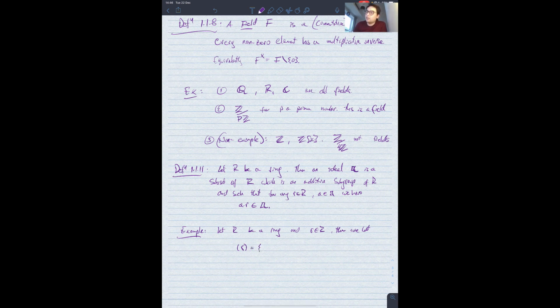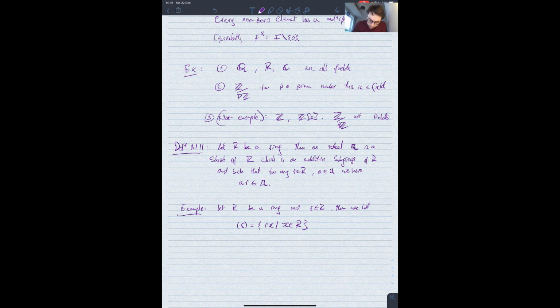This is the set of all r times x, such that x is in R. Sometimes I'll use this straight line for 'such that', and sometimes I'll use two dots, apparently in the notes. It should mean the same thing. So it's the set of all multiples of r. This is called the ideal generated by little r.